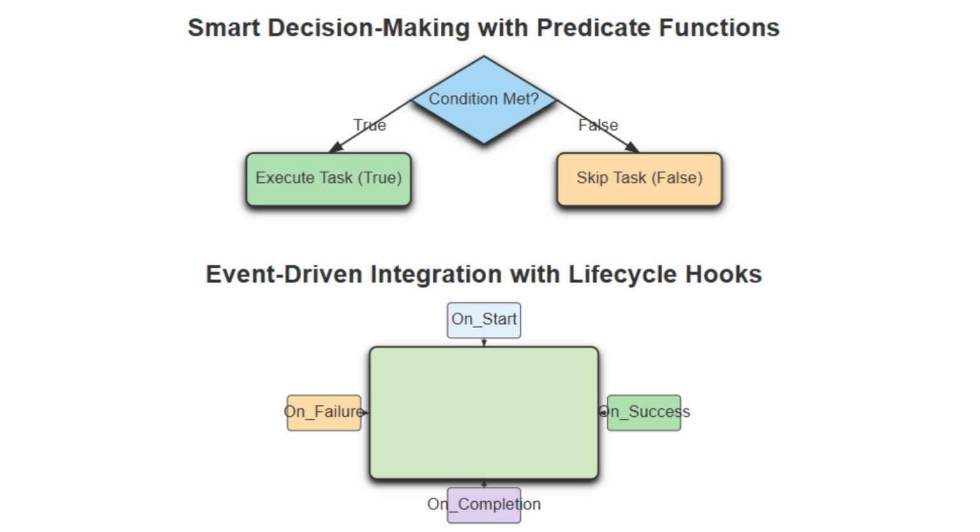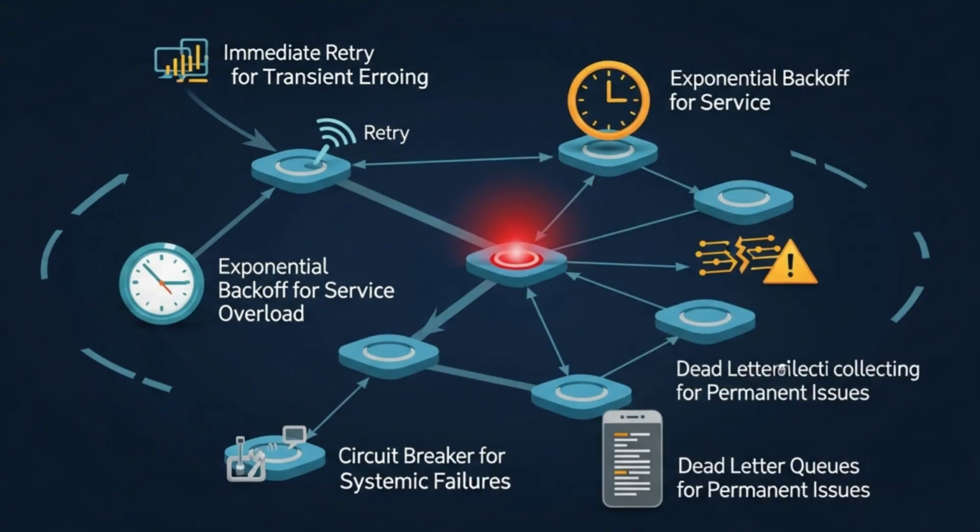In the real world, things fail. Networks glitch, services overload, and bugs happen. But a production-ready task orchestration system must have robust error recovery. Simple retry isn't often enough. Our recovery system implements multiple sophisticated strategies. For transient issues like a momentary network hiccup, we use immediate retry.